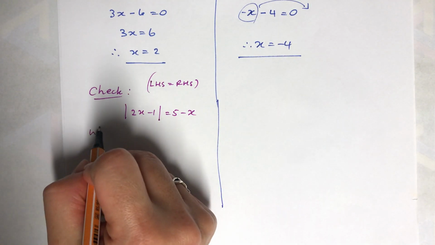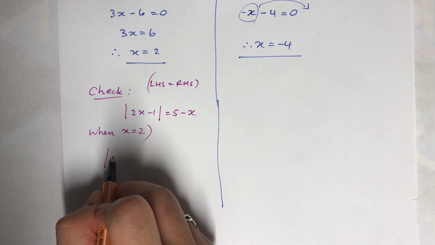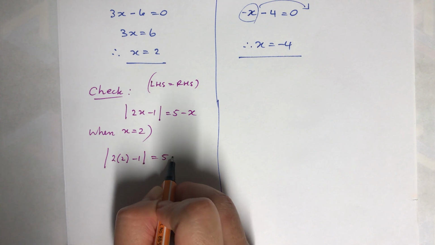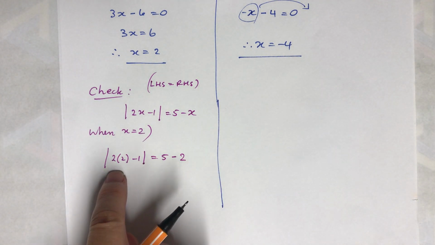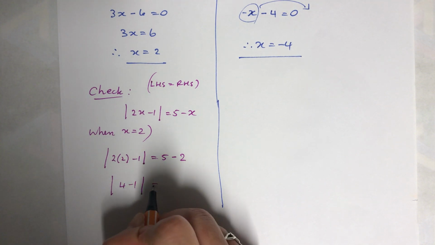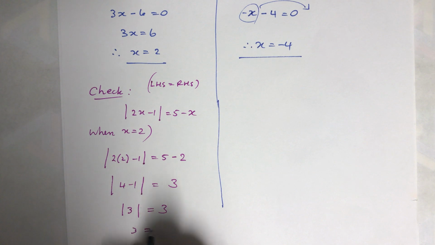So when x equals 2, I'm going to put that in as 2 minus 1 equals 5 minus 2. So make sure the left-hand side equals right-hand side. So that's 4 minus 1, 3, 3.